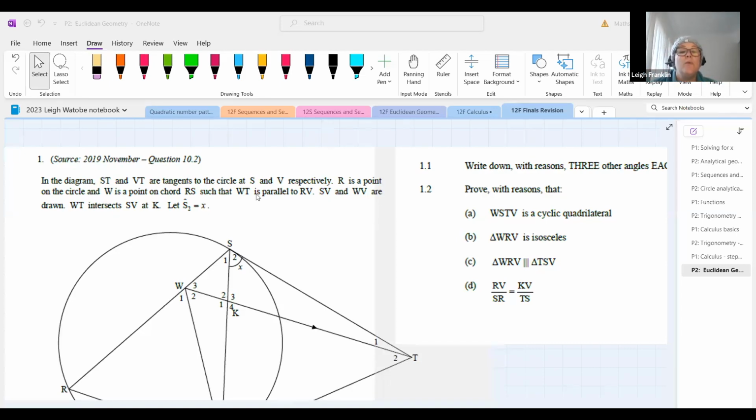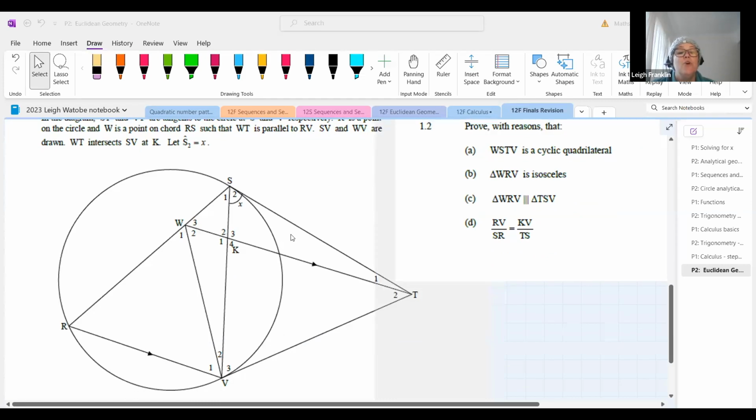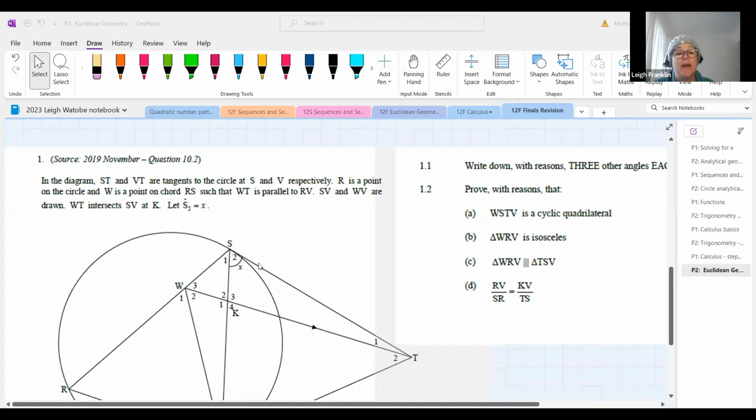So straight away, when they give us parallel lines, we start thinking about the kinds of angles we could get from parallel lines. We could get alternate, co-interior or corresponding. And of course, if we've got parallel lines and we've got a triangle, we could also potentially use the proportionality intercept theorem in our answer as well. So we're linking to all those things.